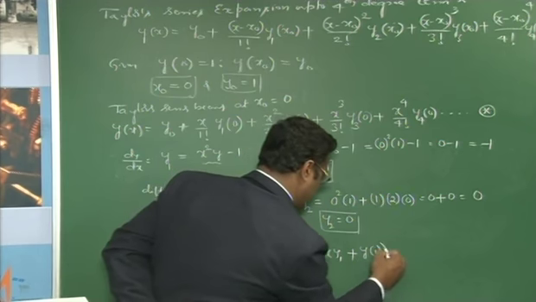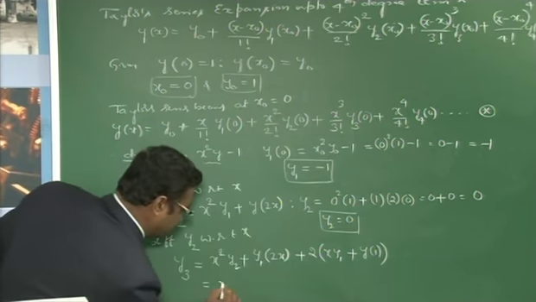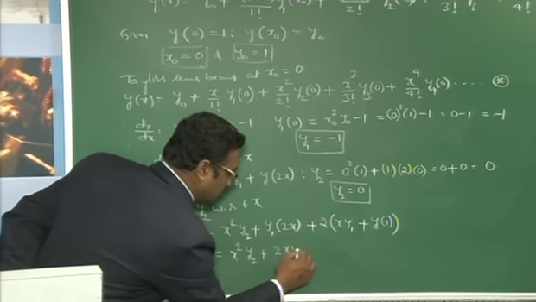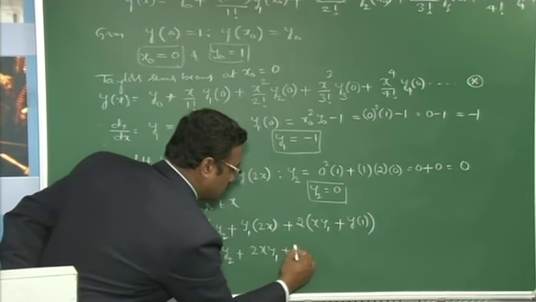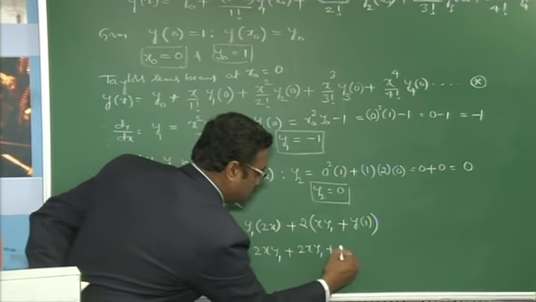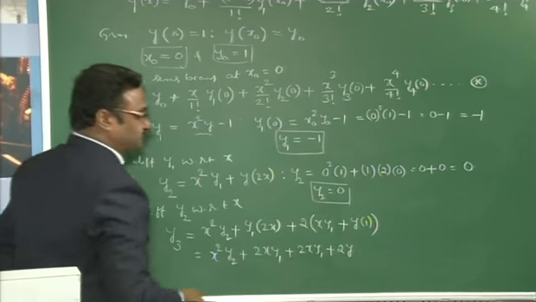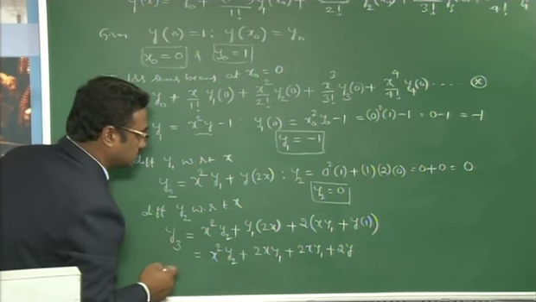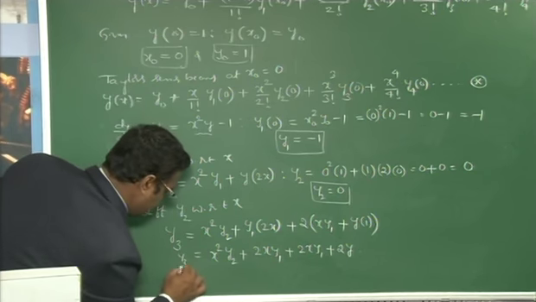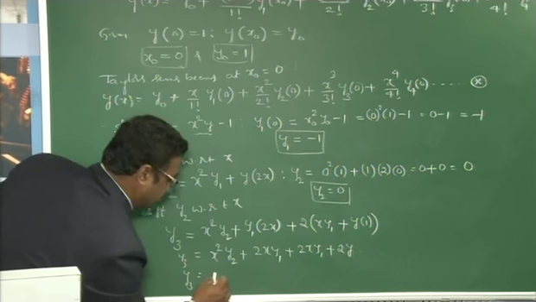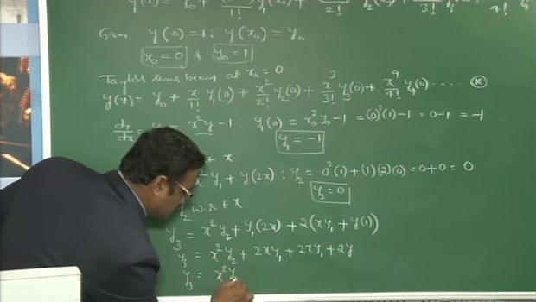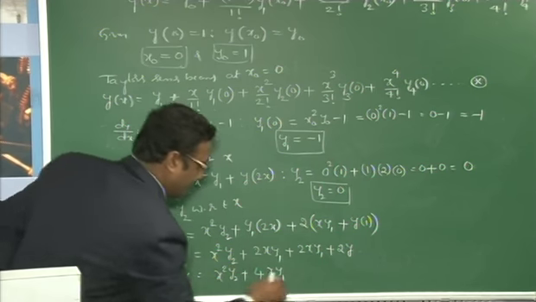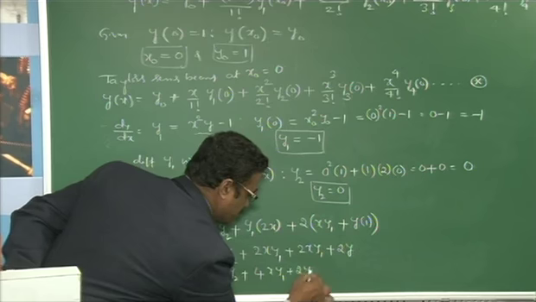Differentiation of x is 1. Simplifying, x square y2 plus 2x y1 plus 2x y1 plus 2y. So y3 equals x square y2 plus the addition of these two, 4x y1, plus 2y.